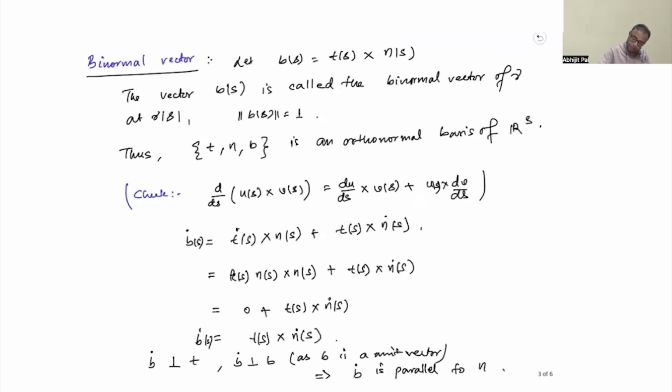I'm just putting this here. So therefore, now what we have is minus 1 by k gamma double dot product with this vector. Okay, so we have this thing here.